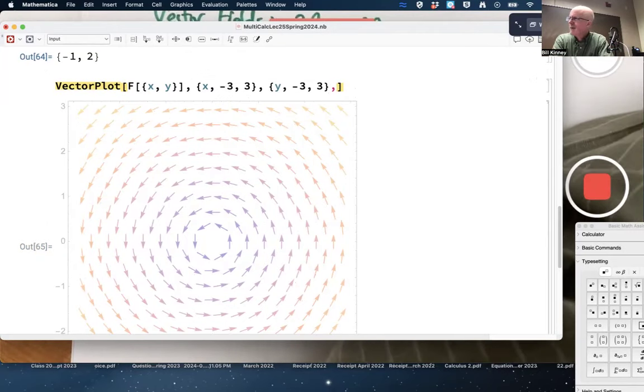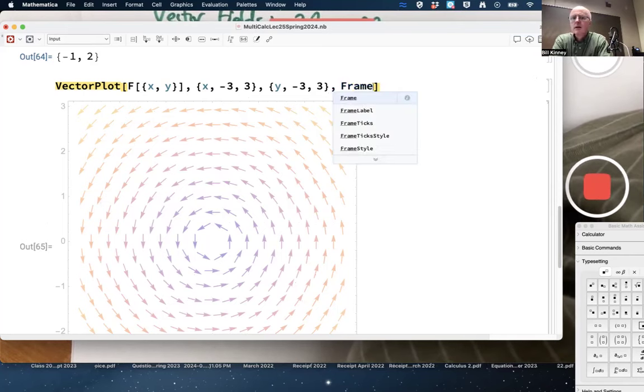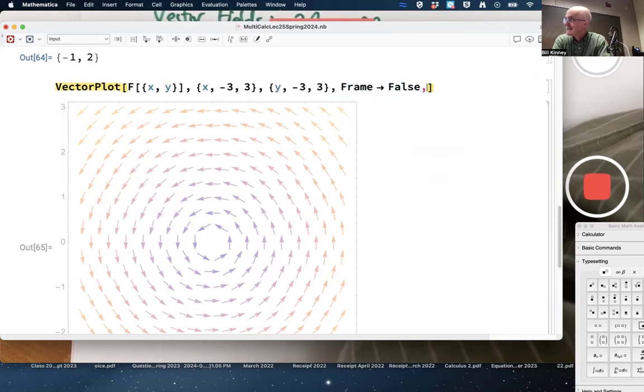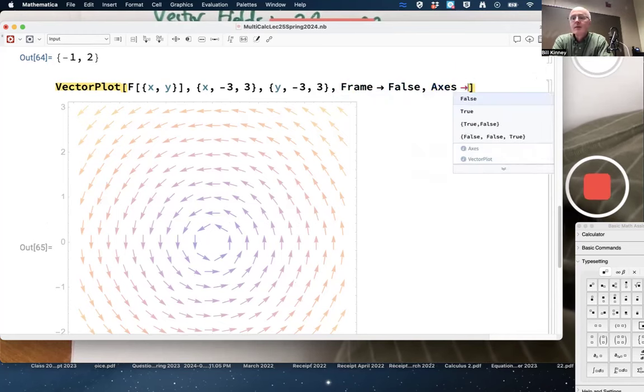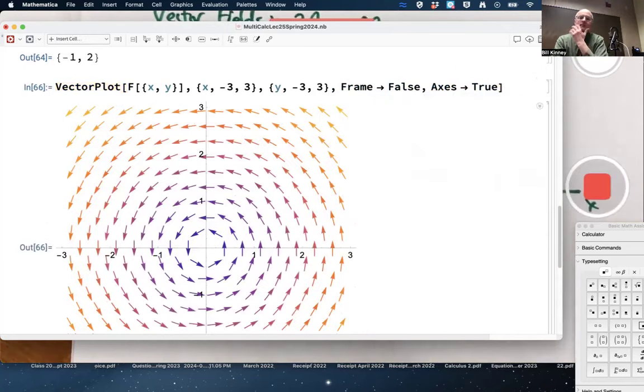Really, what Mathematica is showing us is something called the direction field. It's got the directions of the vectors correct, but not their lengths. That's okay. It at least gives us a little feel for what you could call the flow of the vector field. Pretending, if you like, that those arrows represent velocity vectors for fluid particles, whether those particles be water molecules or, I don't know, what else?